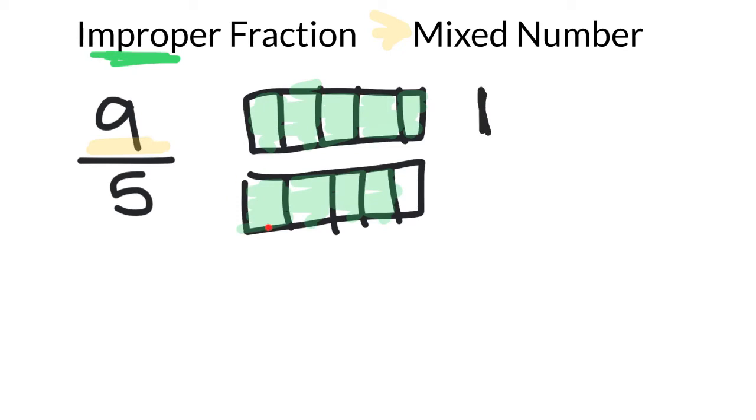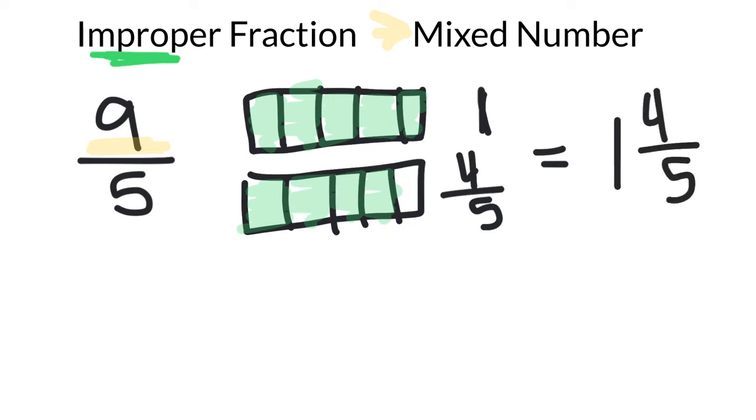And then my second bar has 1, 2, 3, 4 out of 5 shaded in. 4/5. So as a mixed number, this would look like 1 and 4/5. You can also use numbers to convert.